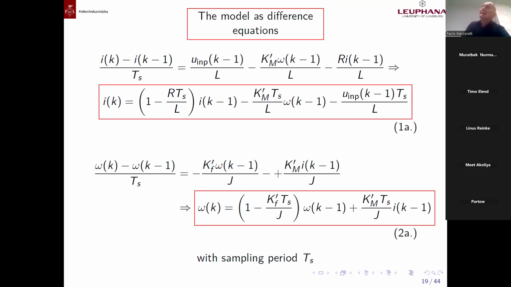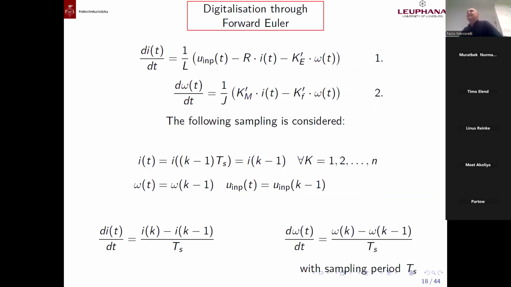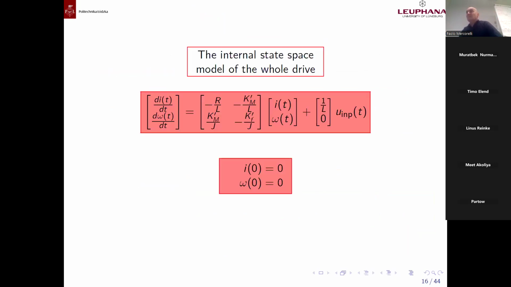We can see that now we have a model in the sense that the current tomorrow and the velocity tomorrow is a function of the current today, the omega today, the input today, and Ts. Very important, Ts, the sample time. The sample time is the time in which I will consider states and input constant. We can see from here.